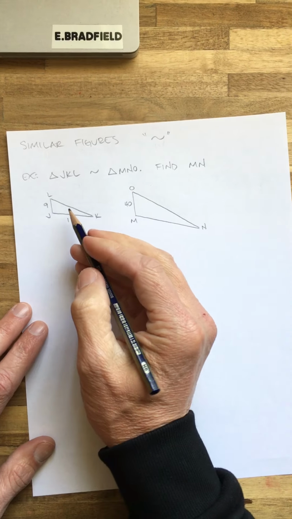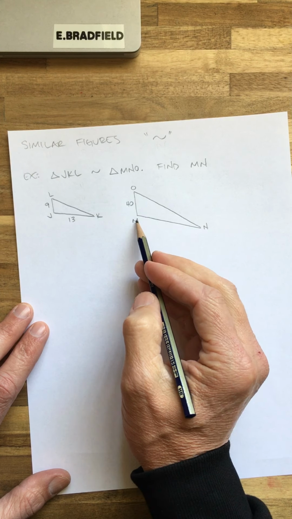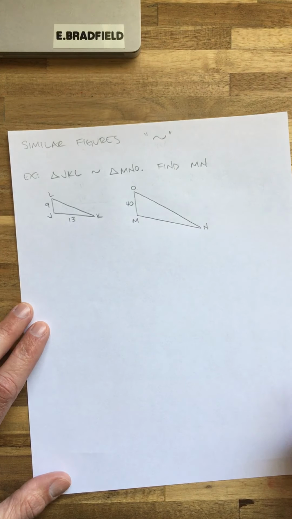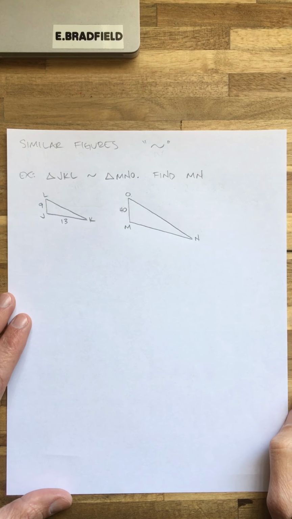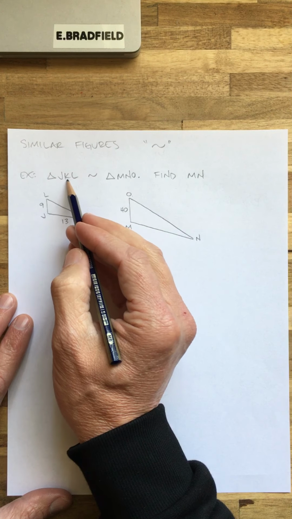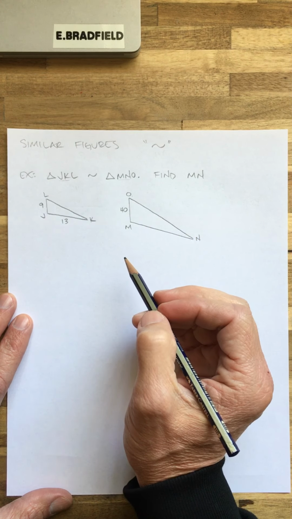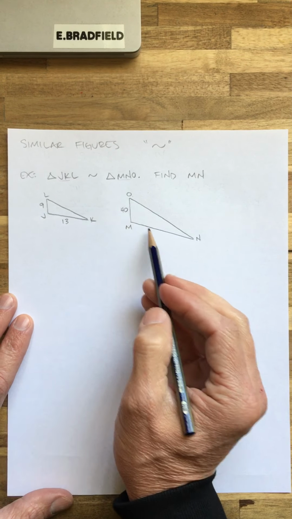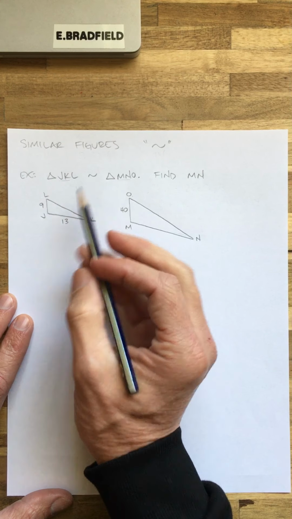So you know that this triangle, JKL, is similar to this triangle, MNO. One thing that you don't necessarily need to be aware of for this problem, but you should be, is that JK matches up with MN. JK matches up with MN. It's clear from the picture, but it's even better to use this.